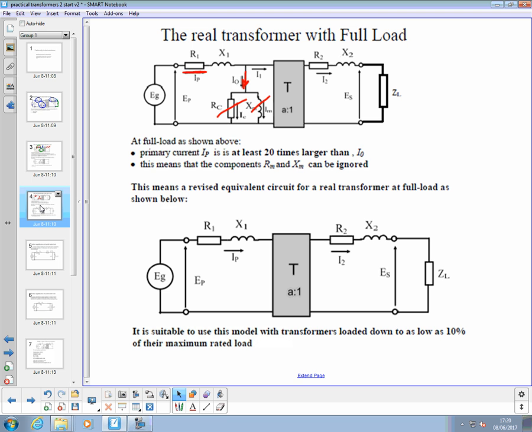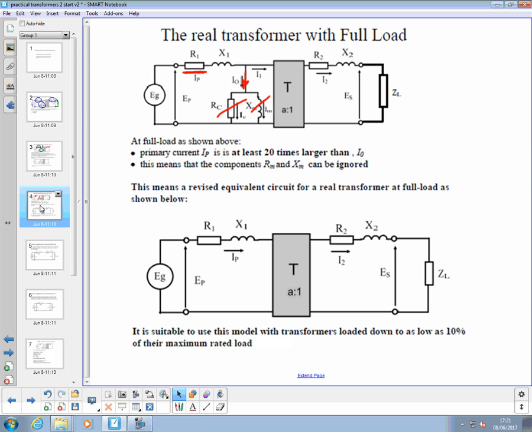So, it's actually suitable for this transformer model to be used on a transformer that's only loaded at 10% of its full load, and that's still valid to make that simplification. There's a significant difference between that current and that one up there. Okay?